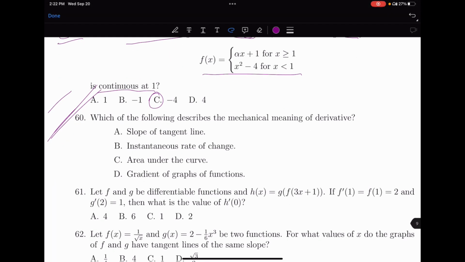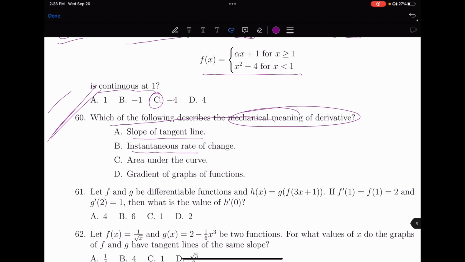Which of the following describes the mechanical meaning of the derivative? When I hear mechanical, I think of physics, mechanics, velocity, acceleration. So it would be the instantaneous rate of change. The slope of the tangent line is more geometrical, not mechanical.